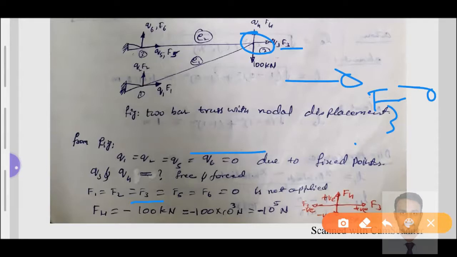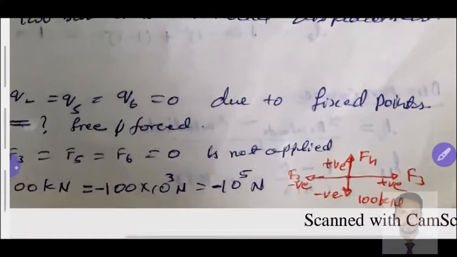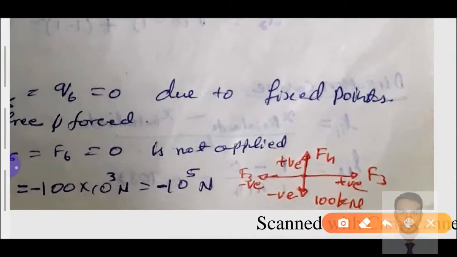Similarly, when I consider F4, there is a force of minus 100 kilonewton, which is not equal to 0. Minus 100 kilonewton is equal to minus 100 into 10 to the power of 3 newton, converted to minus 10 to the power of 5 newton. Again, I have this direction of forces which I have represented there. That force I have taken negative because it lies on the negative axis.